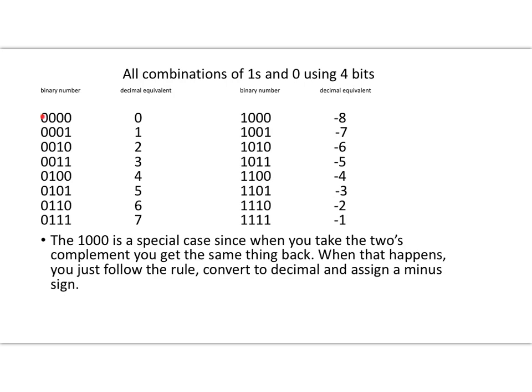Now all the numbers in this column right here have their most significant bit as 0. So if these numbers are all in 2's complement form, these are all positive. So their decimal equivalent is 0, 1, 2, 3, 4, 5, 6, 7.